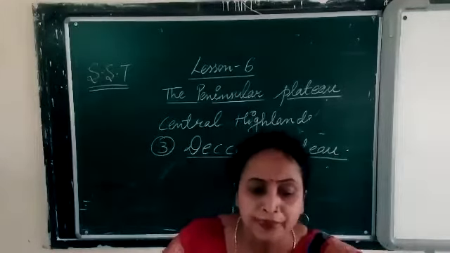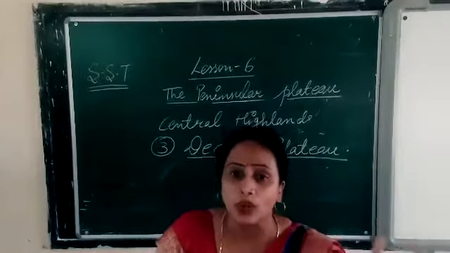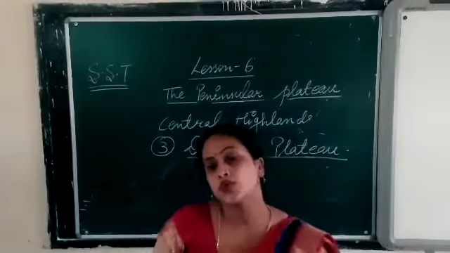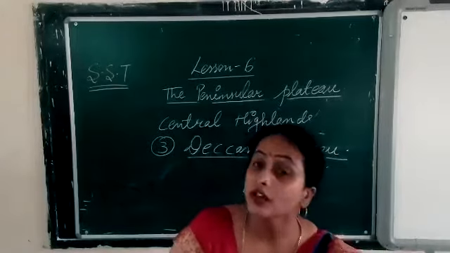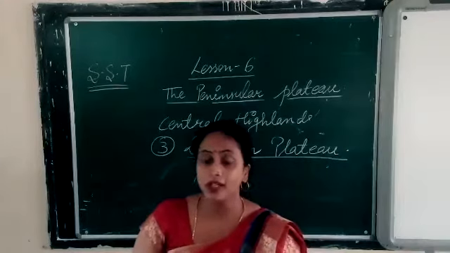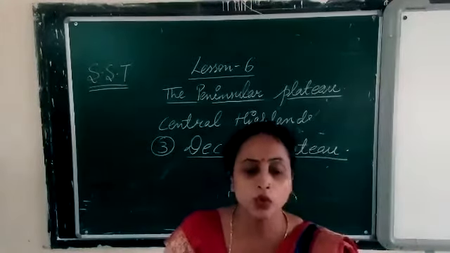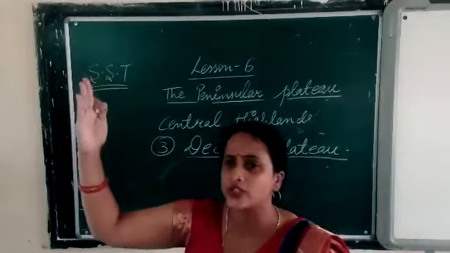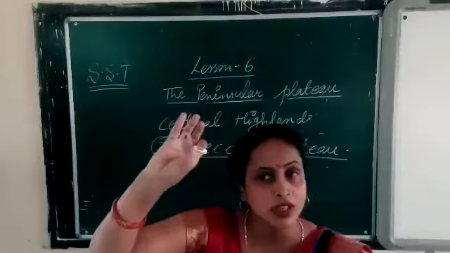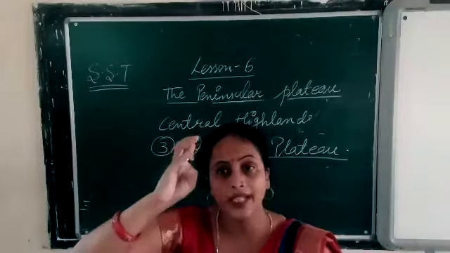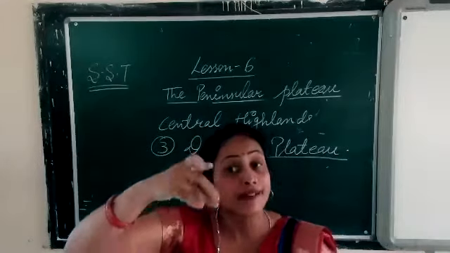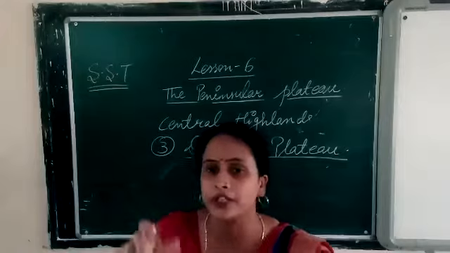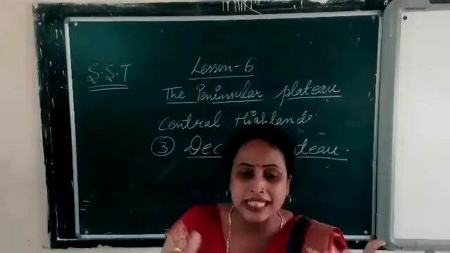Now, the winter is cool and pleasant in most parts of the plateau. Now the quantity of rain is different in different parts of the plateau. In different regions, we have learned about the Malwa Plateau, the Chota Nagpur Plateau, and now we are learning about the Deccan Plateau. So what are we discussing?